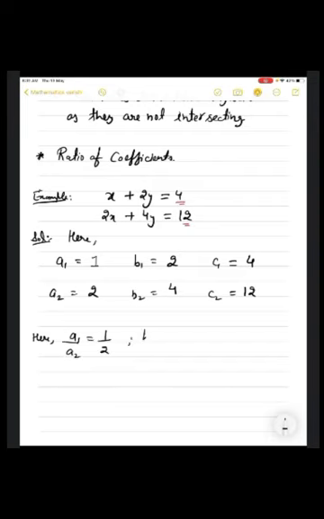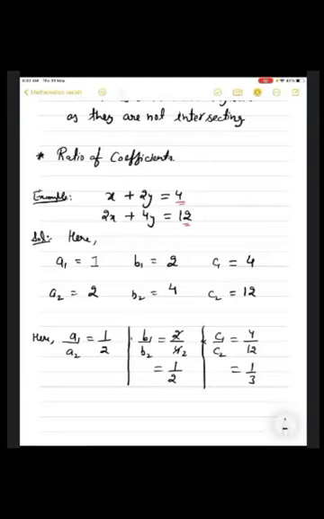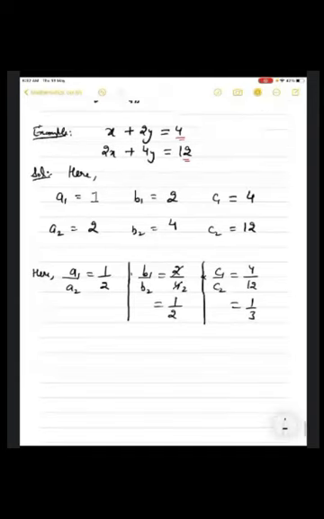What about B1 upon B2? 2 by 4, which is equal to, what about C1 upon C2? Is that so? These are the three ratios: A1 upon A2, B1 upon B2 and C1 upon C2. What we can observe here? Are they all equal?